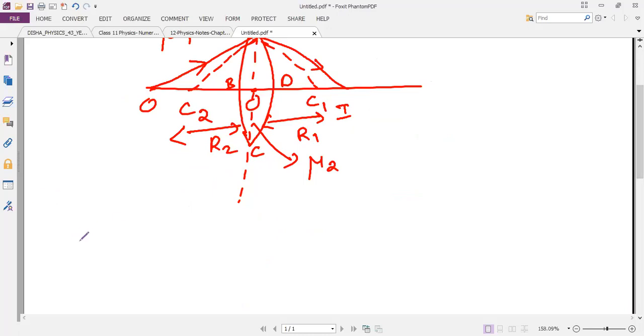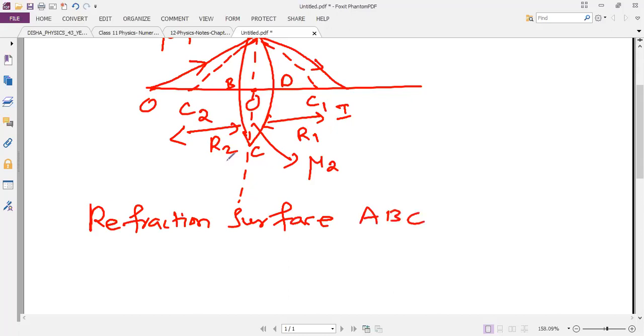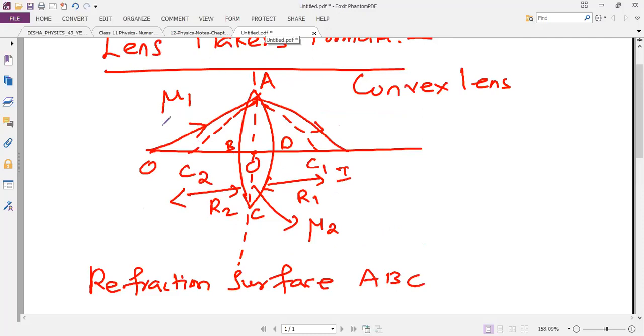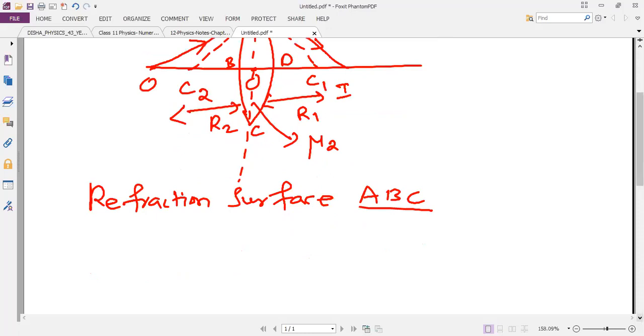Now refraction at surface ABC. Refraction at surface ABC. Related to refractive index, you will get a formula. U means the object distance, V the image distance, R the radius of curvature.